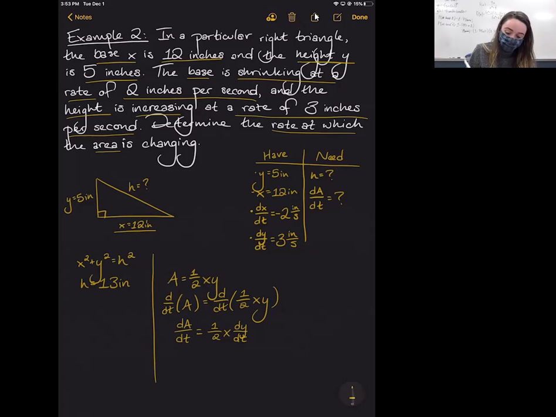Now plus second times derivative of first, so plus the second function, y, times the derivative of 1/2 x. I can keep that 1/2 coefficient, and again, x is a function of time, so the derivative of x is dx dt.